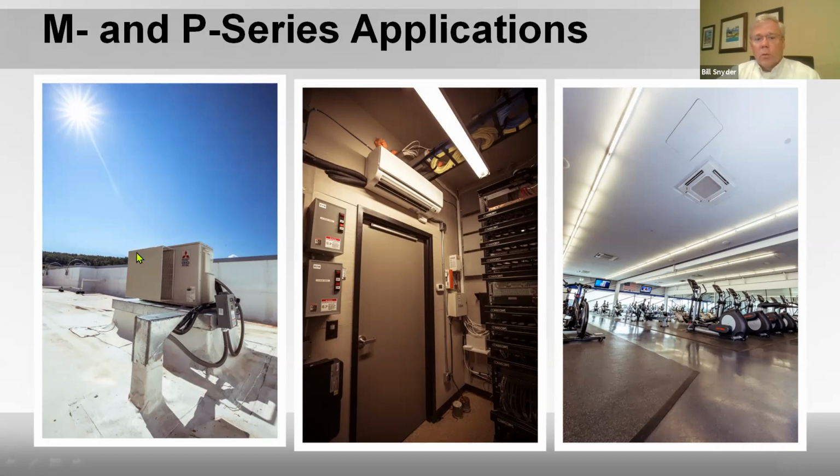But because it's got the wind baffles on it, I'm going to wager a guess that this is a cooling only unit that they require, like in this room here. This is a server type room, so this unit is going to have cooling all year long.